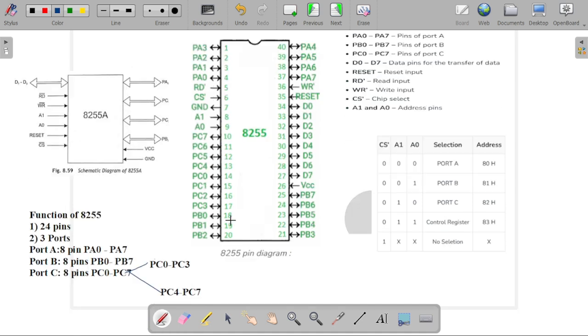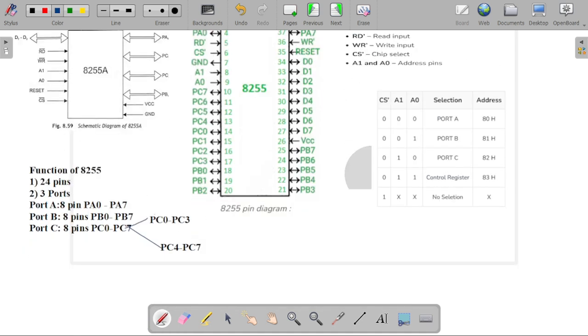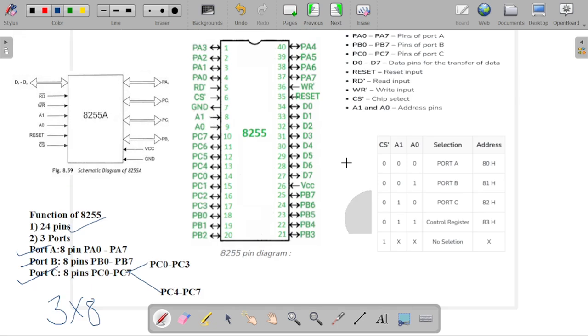Our 8255 consists of a total of 24 pins for its ports, and it consists of 3 ports: port A, port B and port C. Each port has 8 pins. So 3 into 8 is 24. That's why 24 pins are available in our 8255.